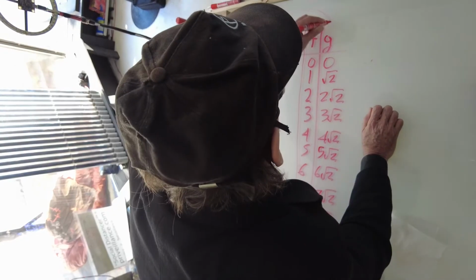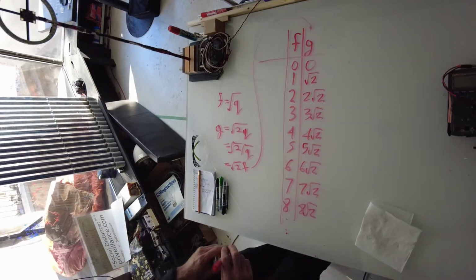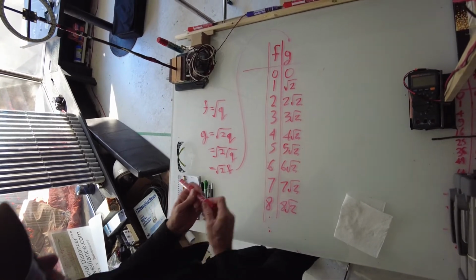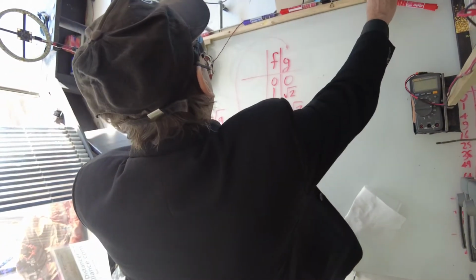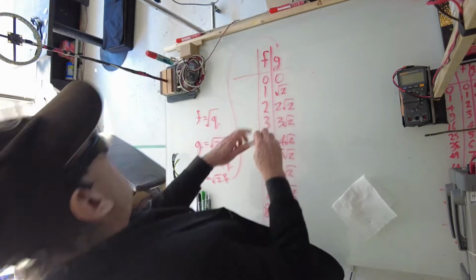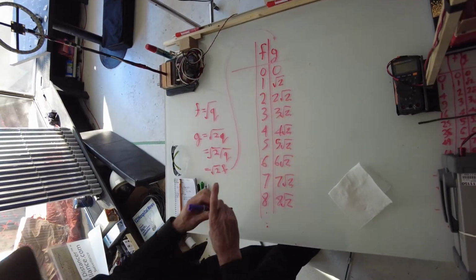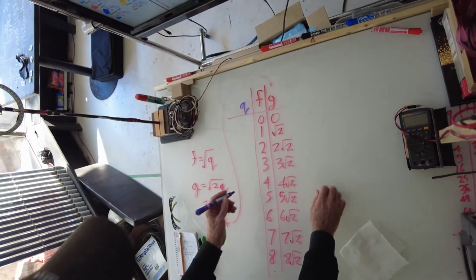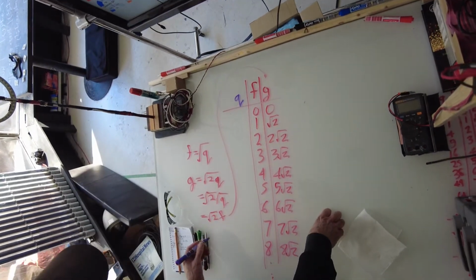Now, let's suppose we know the thing that we normally wouldn't know, that q equals f squared.